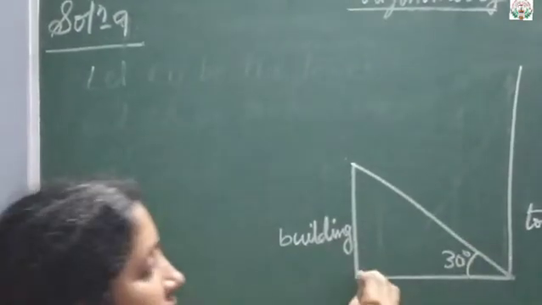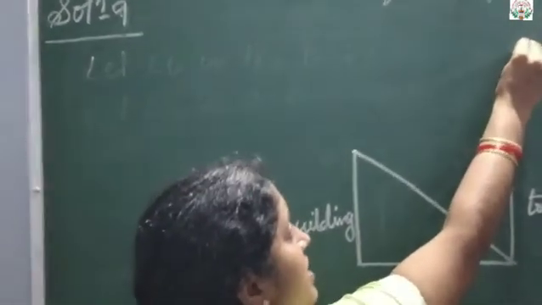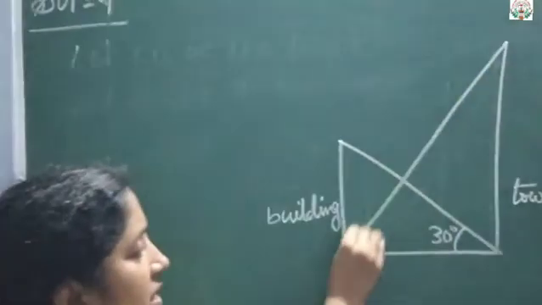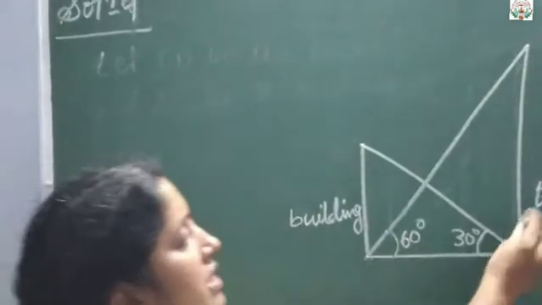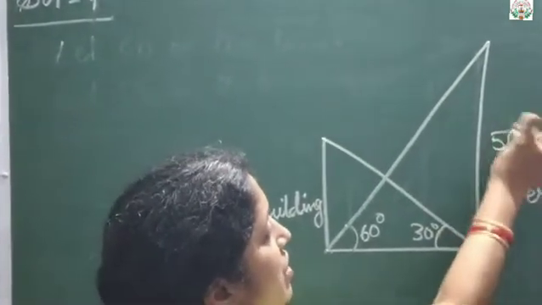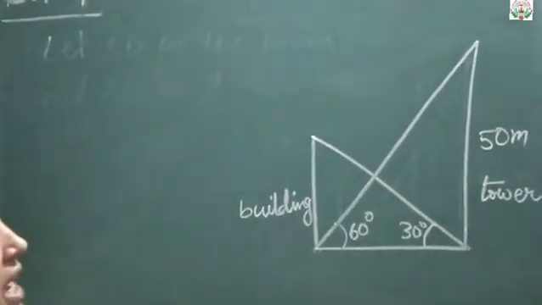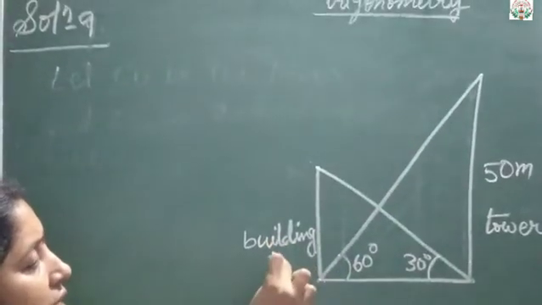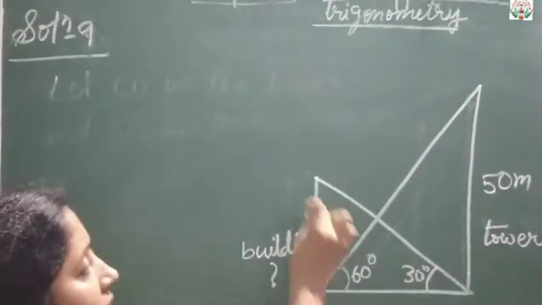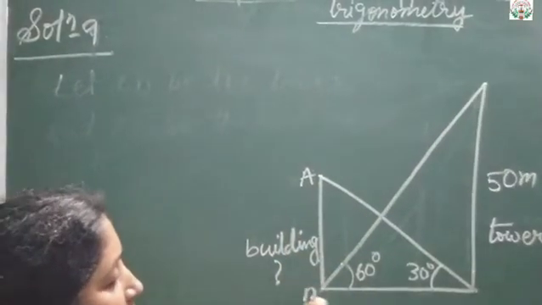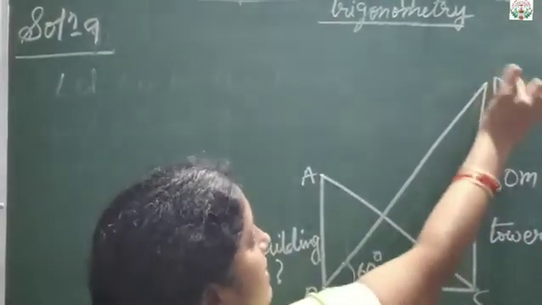Okay, and whereas from the top of the tower to the foot of the building, the angle of elevation is 60 degree. Okay, and tower height is given as 50 meter, and we have to find the height of the building. Okay, so now first let us name this A, B, C and D.